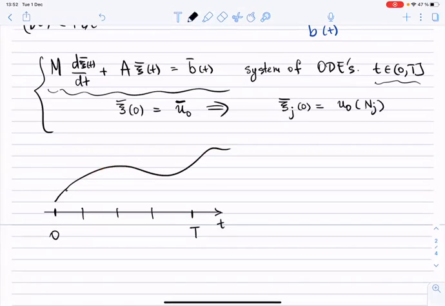So let me just call this function u, or maybe w of t. We want to approximate the value of this function at given points, something like that. And yeah, so if this point is t_{n+1}, and this one is t_n, of course, time t_0 is equal to that, and so on we go.